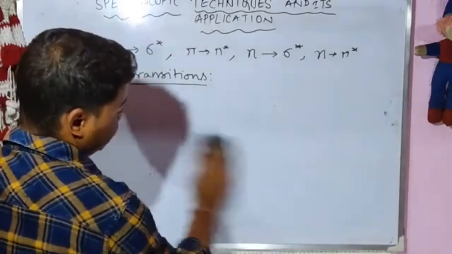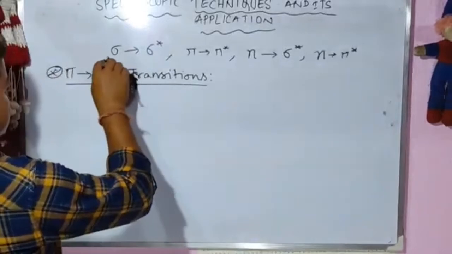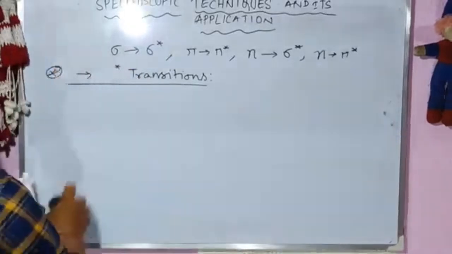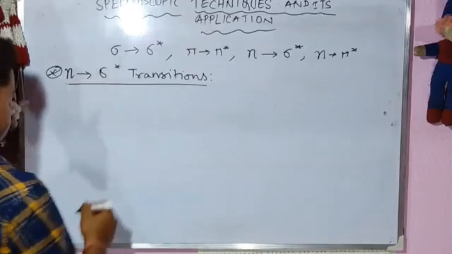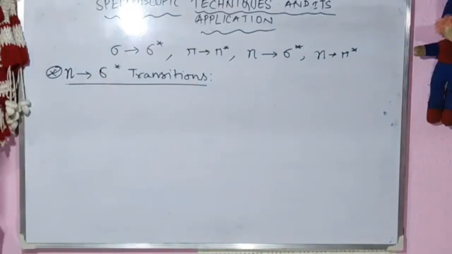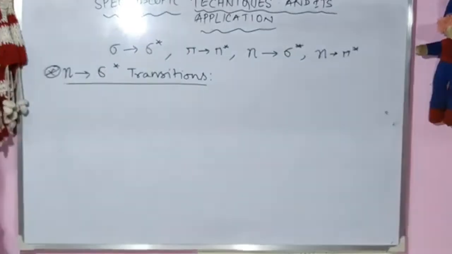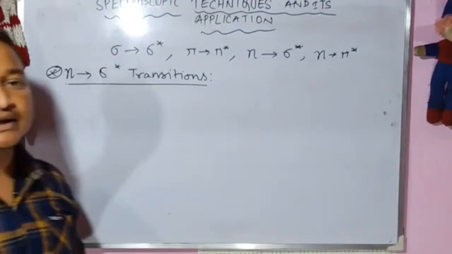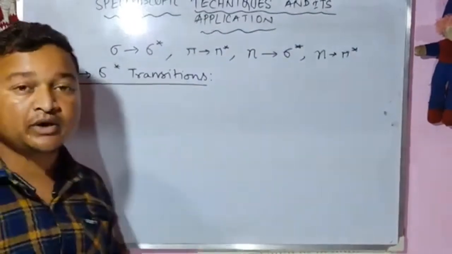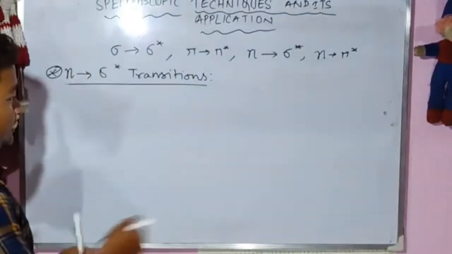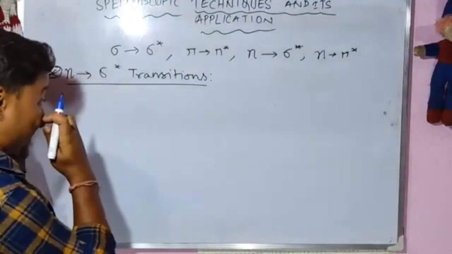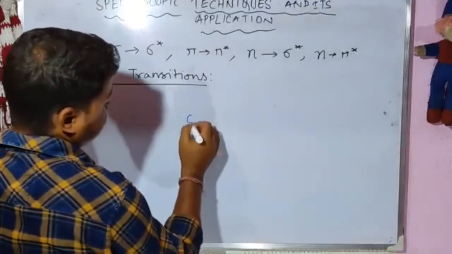n to sigma star transition. N to sigma star transitions occur where n, that is, non-bonding electrons, are present. So molecules like CH3OH.